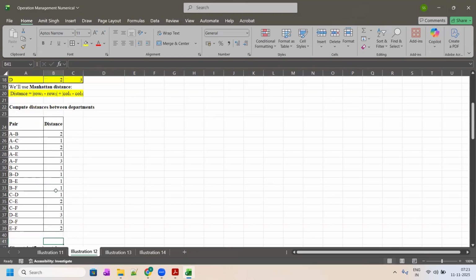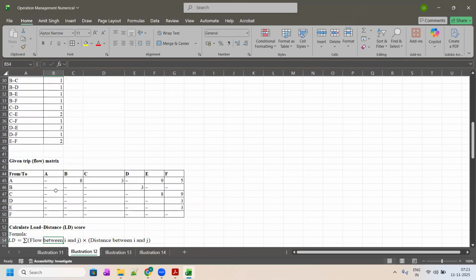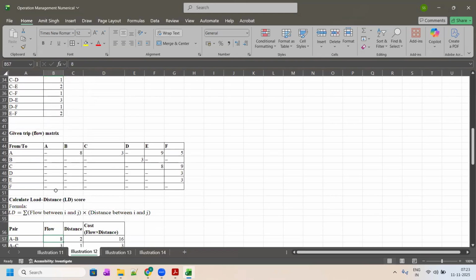And once we get the distance, then as per the metrics, they have given us the flow data, flow cost, from one department to the other department. So whichever department data is given, like A to B, A to C, but A to D is not given, I'll not write.